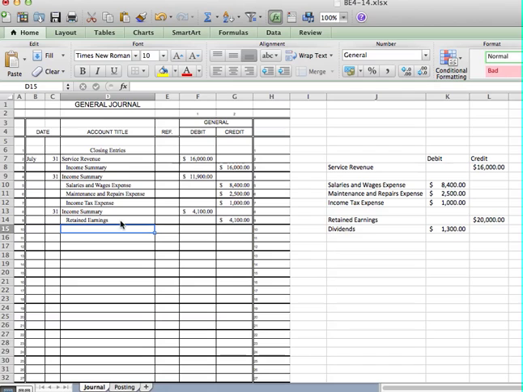And then our dividends is fairly simple. We just see the balance right there is $1,300. So it'll be the 31st. It is a debit balance. So to close out our dividends account, we will need to credit it.